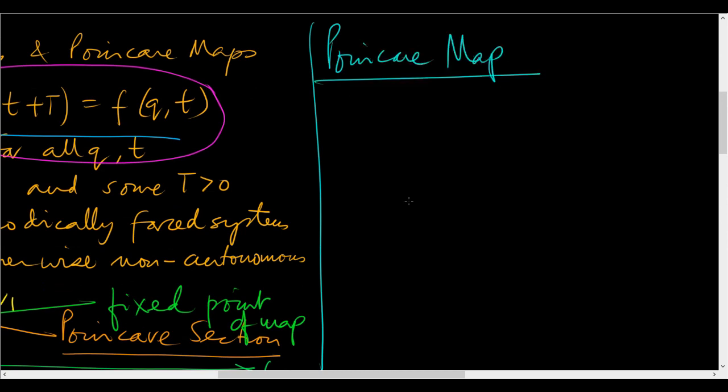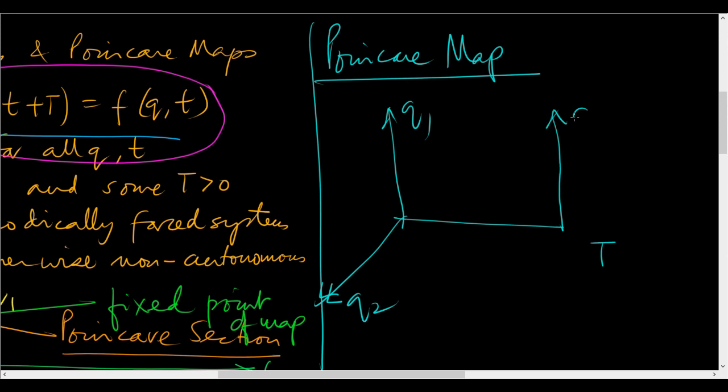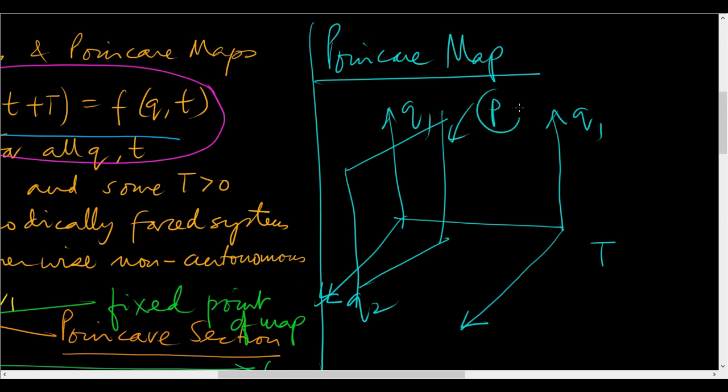There is also the Poincare mapping. Right? So here what we do is we have our Q1 and our Q2, and we go forward only T. And then here is our plane, that's the Poincare section. Let's call that P for Poincare section. We take an initial condition here and it maps forward to this point.